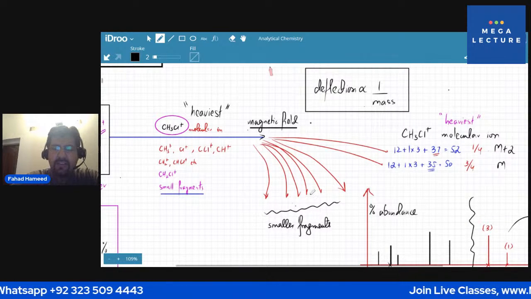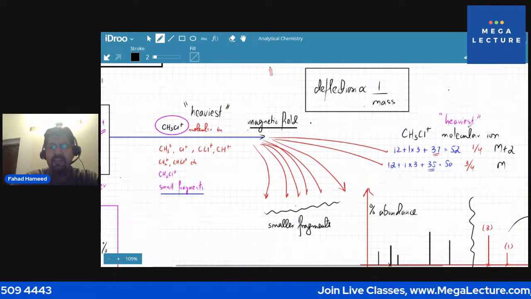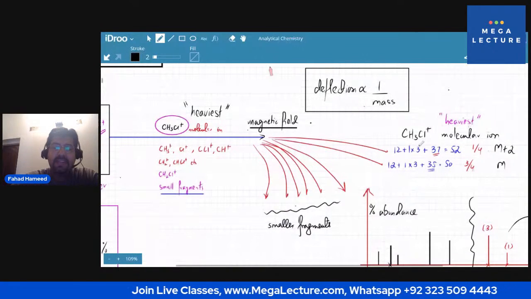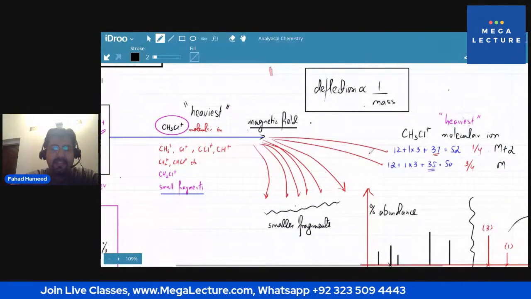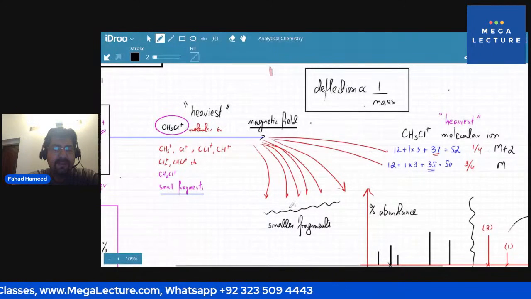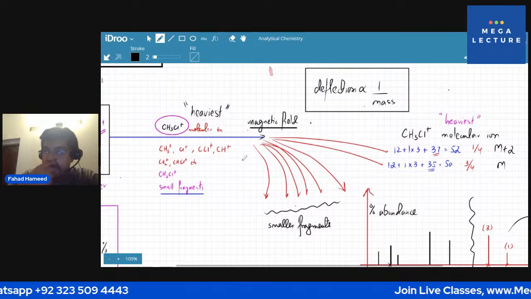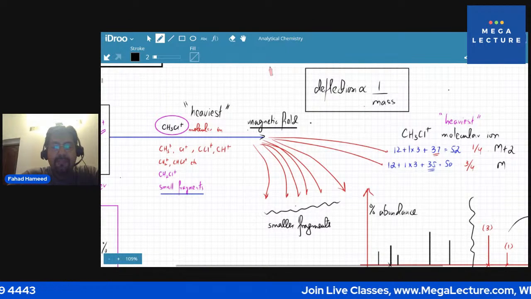So you're going to be getting your heavier particles, and these heavier particles would be deflected less because they're heavy. The lighter particles, smaller fragments, will be deflected more. So you've got detectors over here that are detecting these charged particles that are hitting them. Now, the heaviest one is your molecular ion. That's your big one.